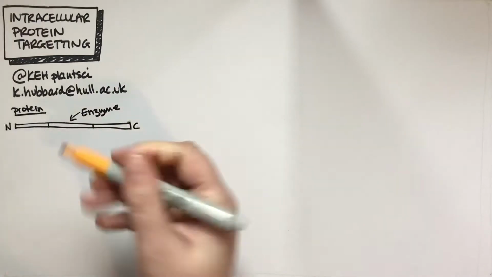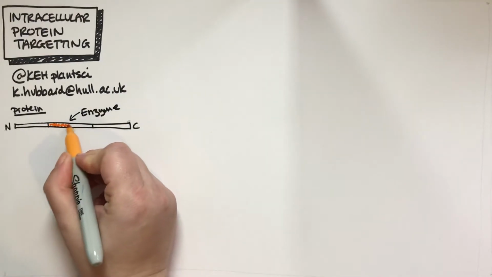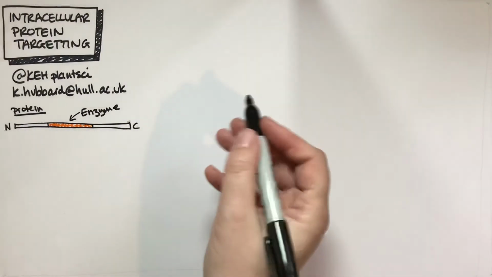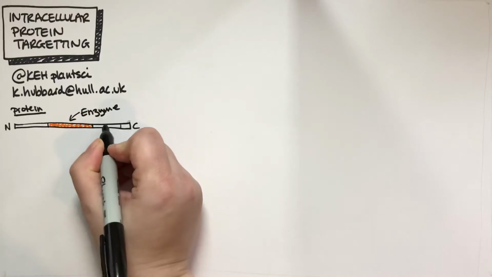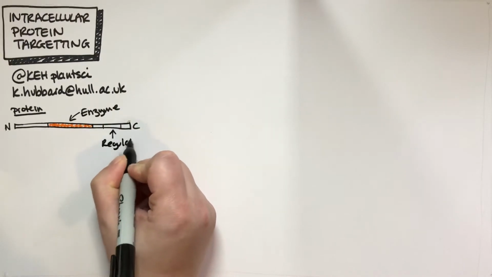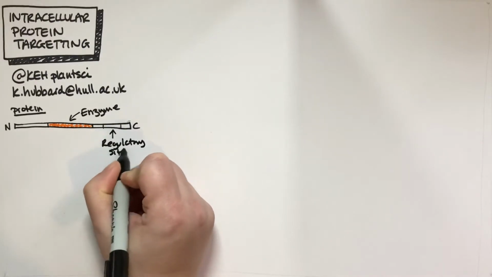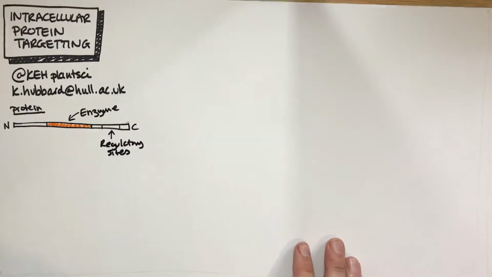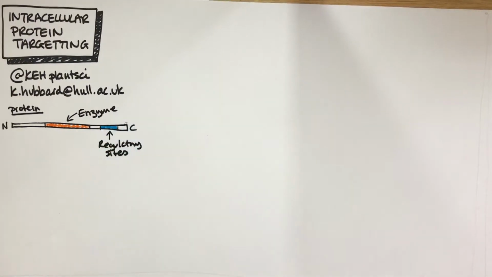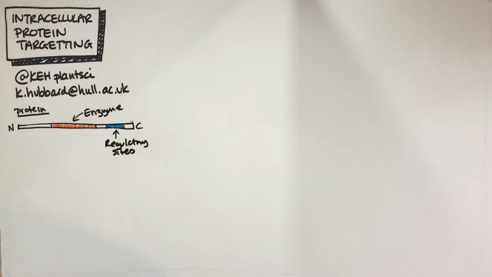So if it's an enzyme, maybe only about half the protein is actually encoding that enzyme. You might have regulatory sites. So you might have a bit of your protein that has, let's say, a calcium binding site in it, which might make it a calcium dependent protein.